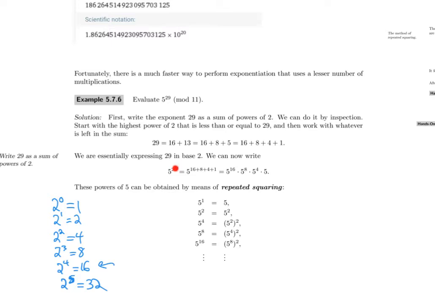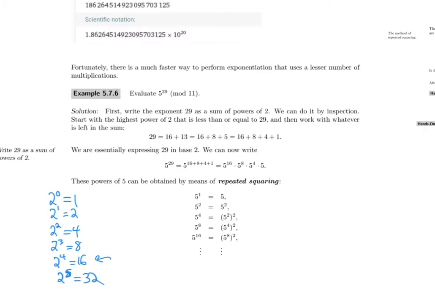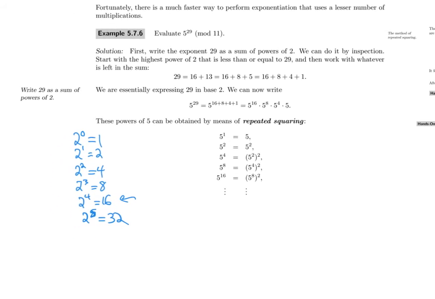If I write 29, this exponent, as 16 plus 8 plus 4 plus 1, that means 5 to that power is going to be the same as 5 to the 16th times 5 to the 8th times 5 to the 4th times 5 to the 1st. Now, we're going to use this method that I just said is called repeated squaring to finish this off.